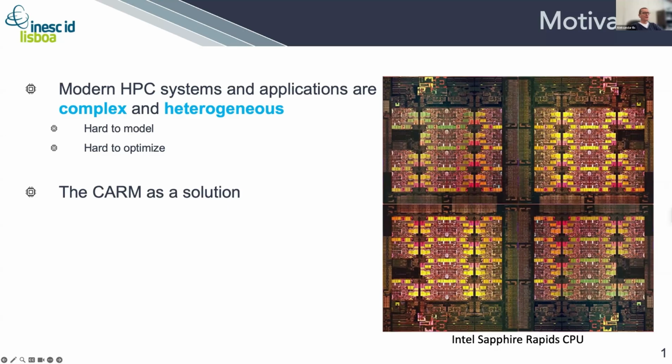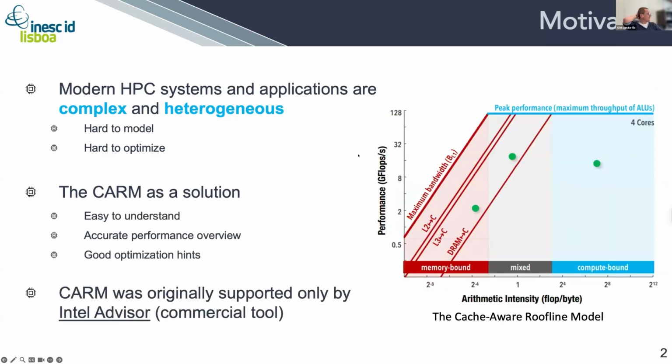The roofline tends to be, like in previous years, a very fancy tool, in the sense that there are many papers, both in architecture and application optimization, that to a certain extent rely on roofline modeling. The reason is simply that it's very easy to understand and gives a fairly accurate performance overview of the maximums of the architecture. It may also guide you in certain regions on what kind of optimizations you can implement.